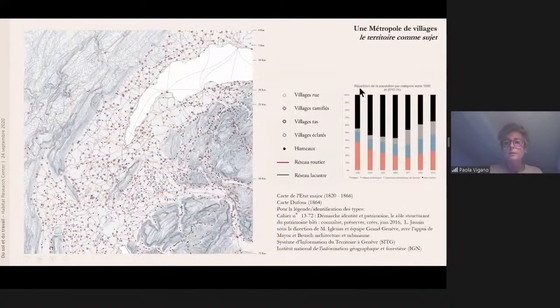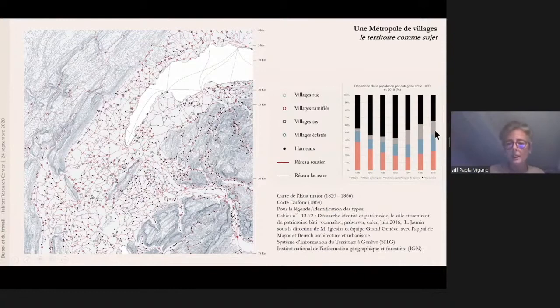Where you see in the diagram on the right, that black and gray are cities and peripheries. Blue and yellow are this scattered, long-term structure of villages.